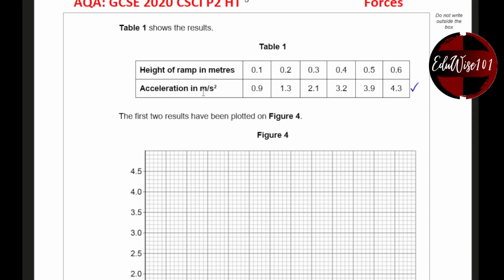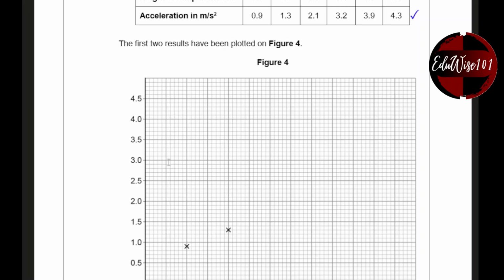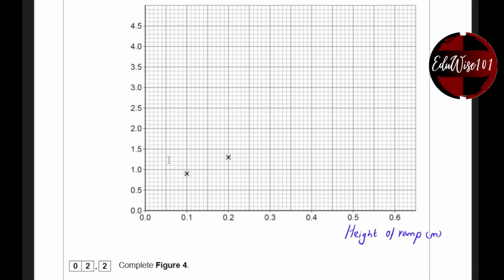And the y-axis is going to be acceleration in meters per second squared. Now you could put that in brackets, but don't put a slash. That will mean you're trying to divide it.